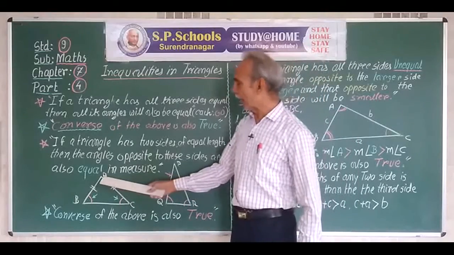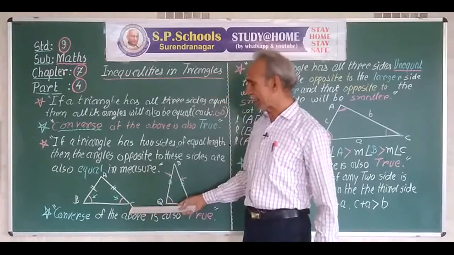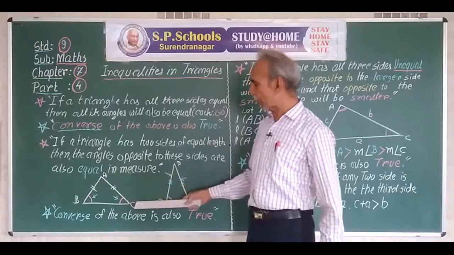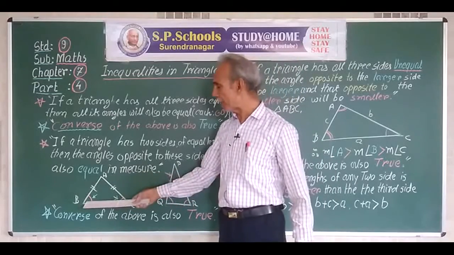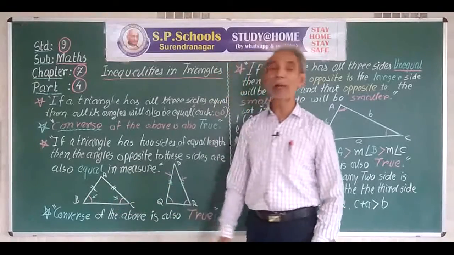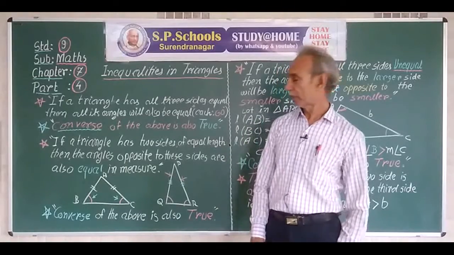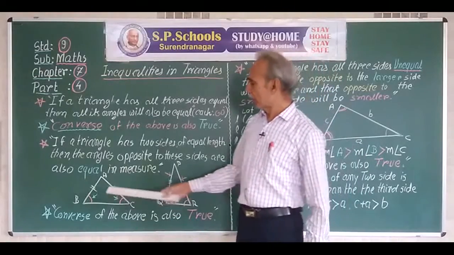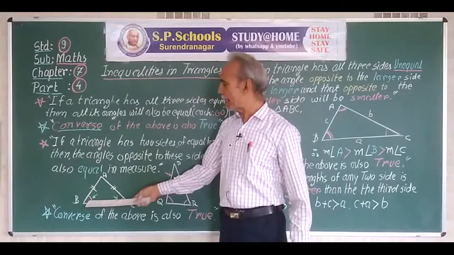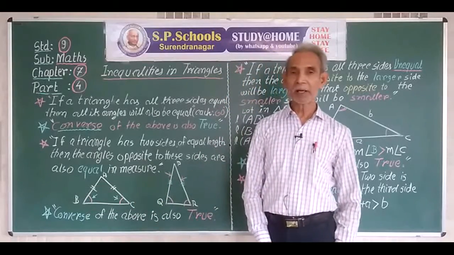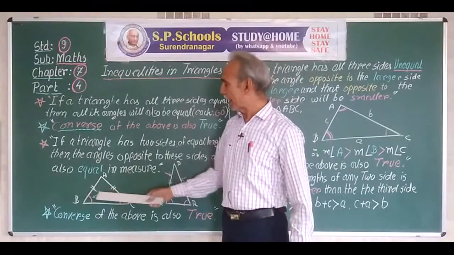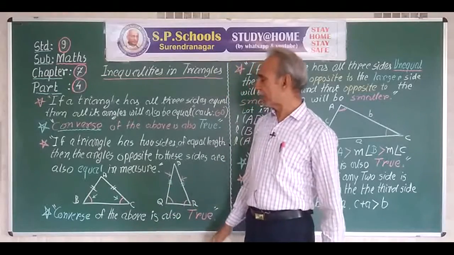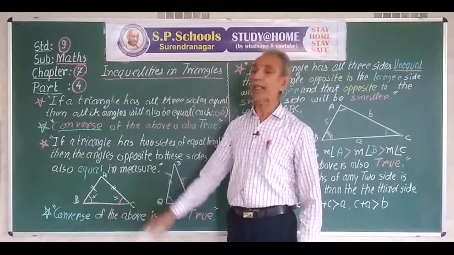So the angle opposite to side AB, that is angle C, and the angle opposite to side AC, that is angle B, will also be of equal measure. Angle A and angle B may not be equal, but angles opposite to the sides will be equal if the sides are equal.